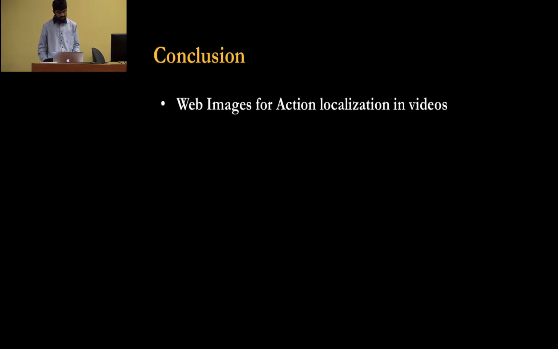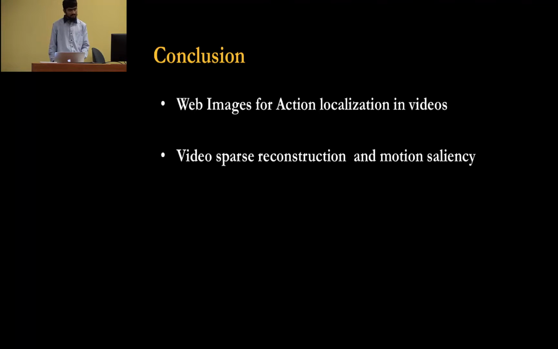In conclusion, what I have shown you is the feasibility of using web images for spatial temporal action localization, and that it is possible to construct video proposals using image proposals, with sparsity and consistency constraints, and we are able to get very good localization accuracy in trimmed as well as untrimmed videos.